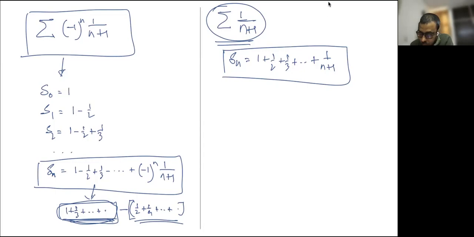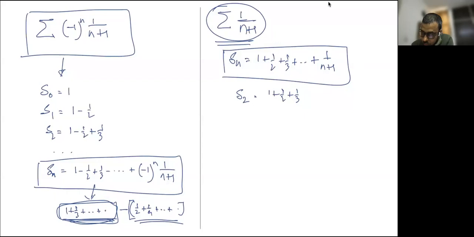Okay, so what you can do is the following. Let's forget about the nth term in general. Let's look at S. So this is S0, S1, S2. S2 is 1 plus half plus 1/3, right? Or maybe not S2.